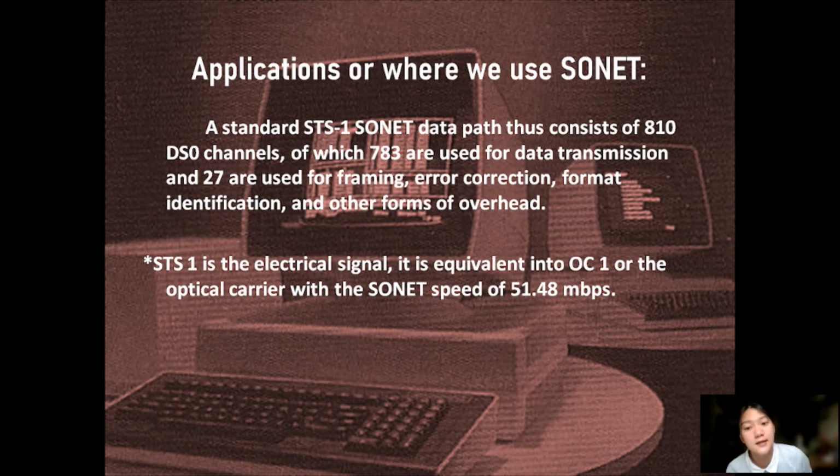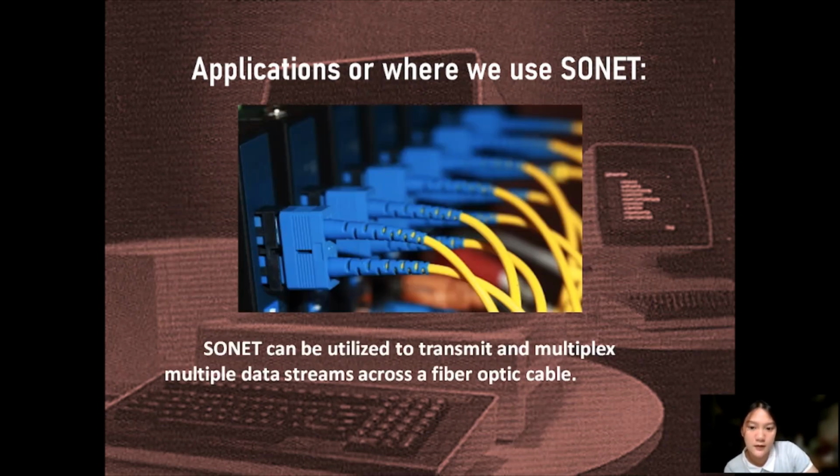STS1 is the electrical signal, and it is equivalent to OC1 or the optical carrier with the SONET speed of 51.48 Mbps. So STS means the synchronous transport signal, and OC means optical carrier. And also, SONET can be utilized to transmit and multiplex multiple data streams across a fiber optic cable.